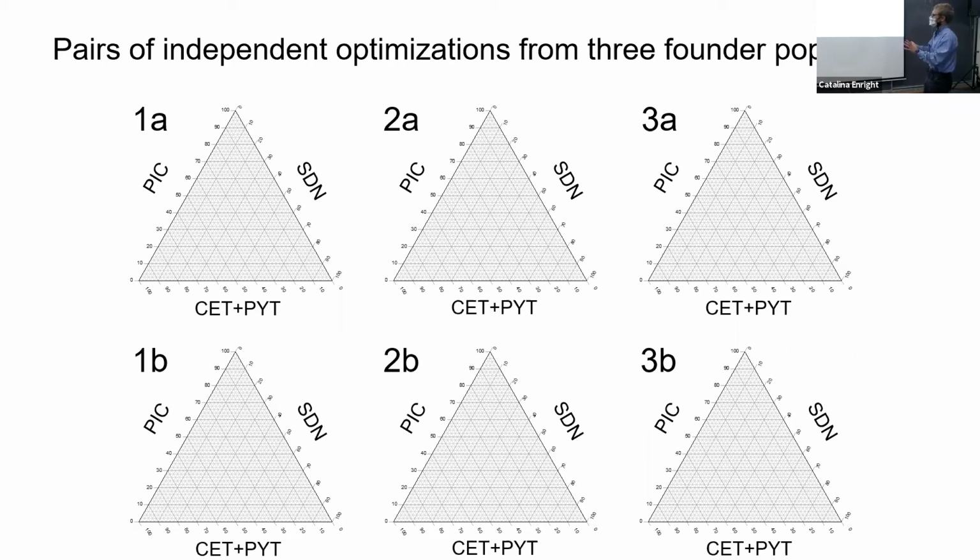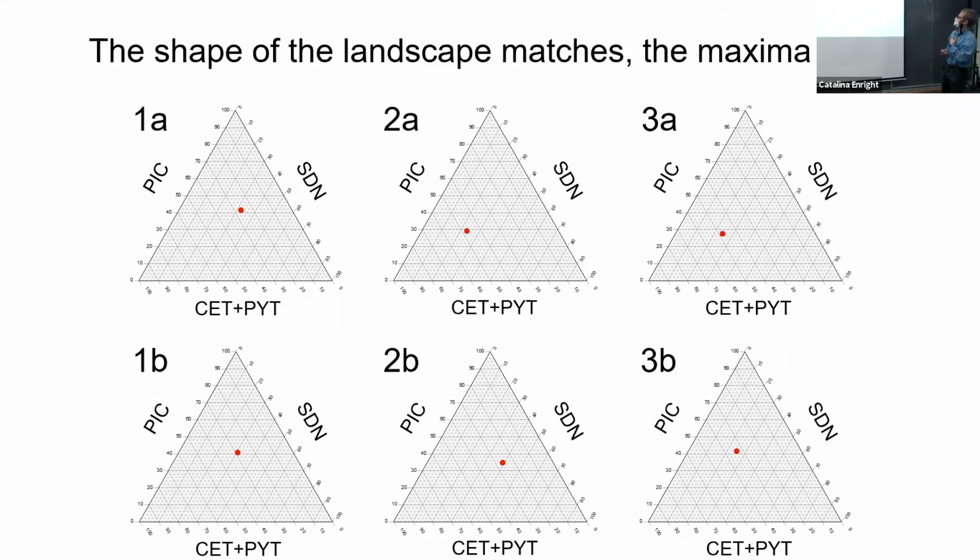So the thing that I discovered was interesting. It doesn't show the colors, but it shows the red points, which are the maxima from each. The overall landscape of gain, I call these triangles landscapes of gain, was similar, but the maxima didn't necessarily fit together, basically because the gain landscape is fairly flat at the maximum.